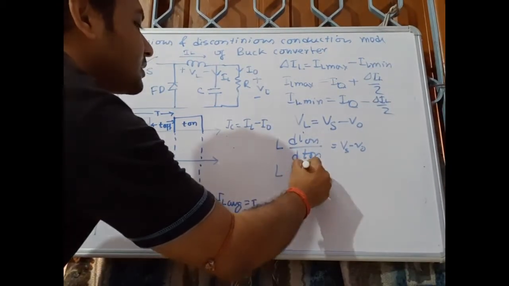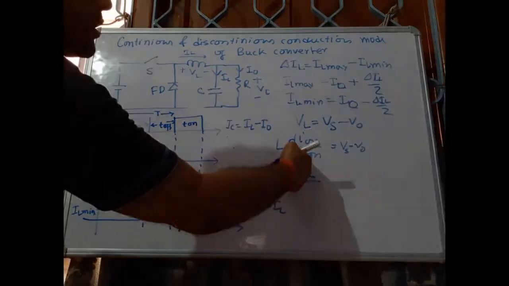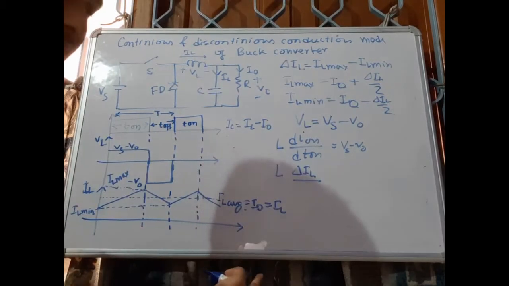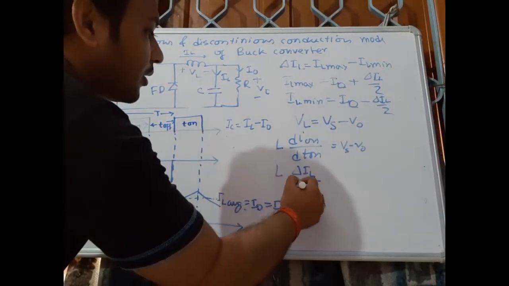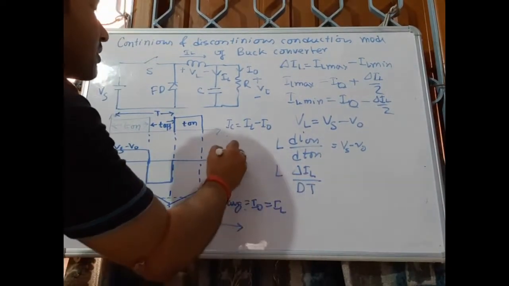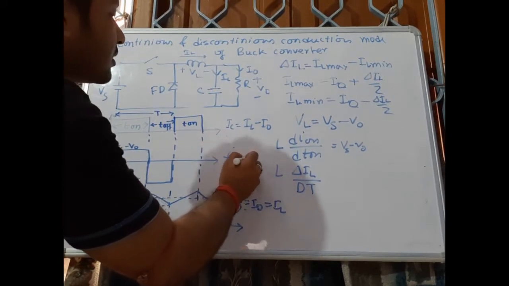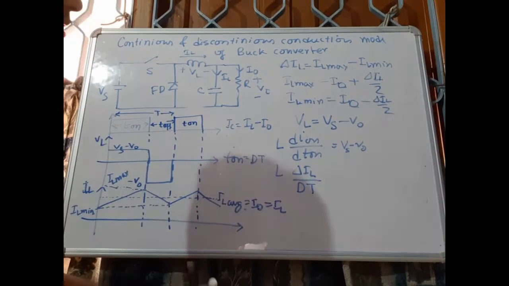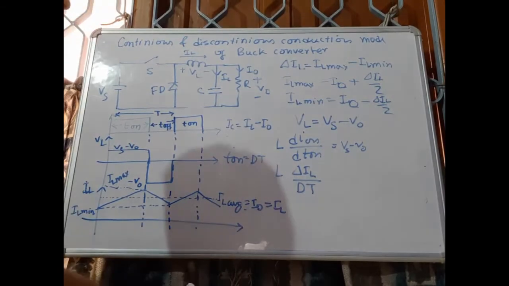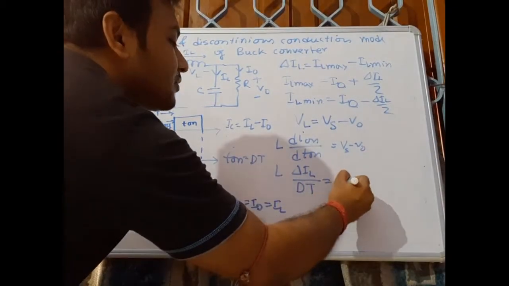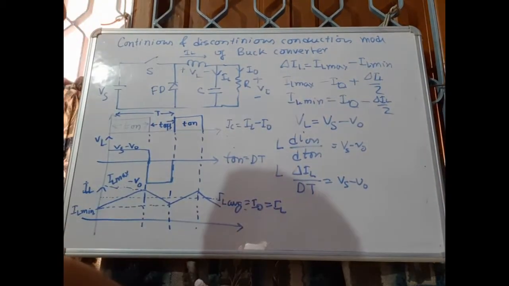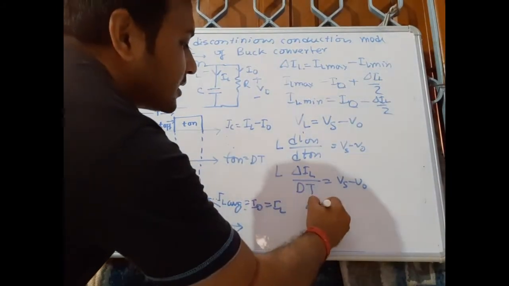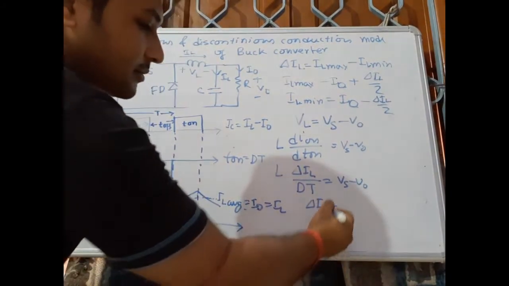So the difference is delta IL divided by, for dt on we have DT, because T on is equal to DT, right? Now this is equal to Vs minus V naught.